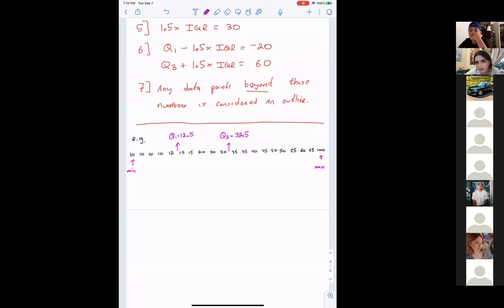Won't be that either. Would it just be 50? Straight up 50. It's halfway between two 50s. So it's just 50. Do we agree? Okay, so now that we have those, what is the IQR?